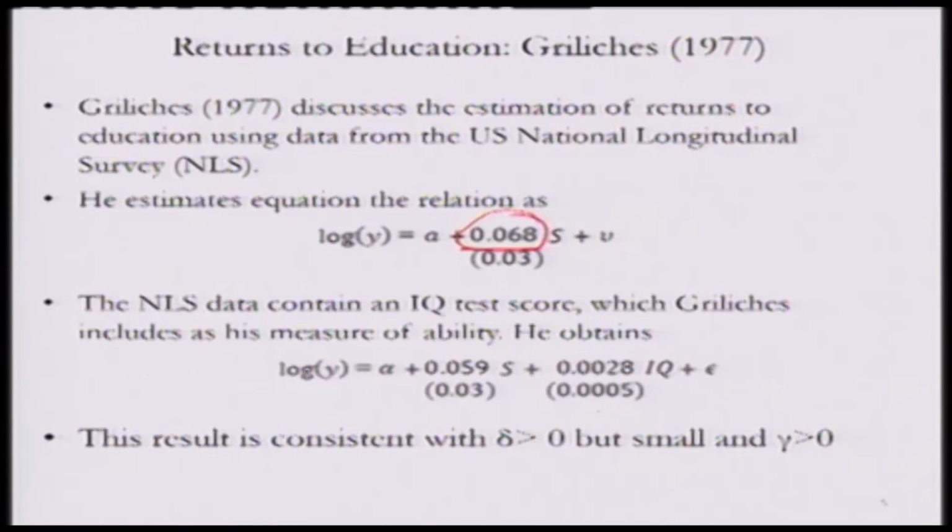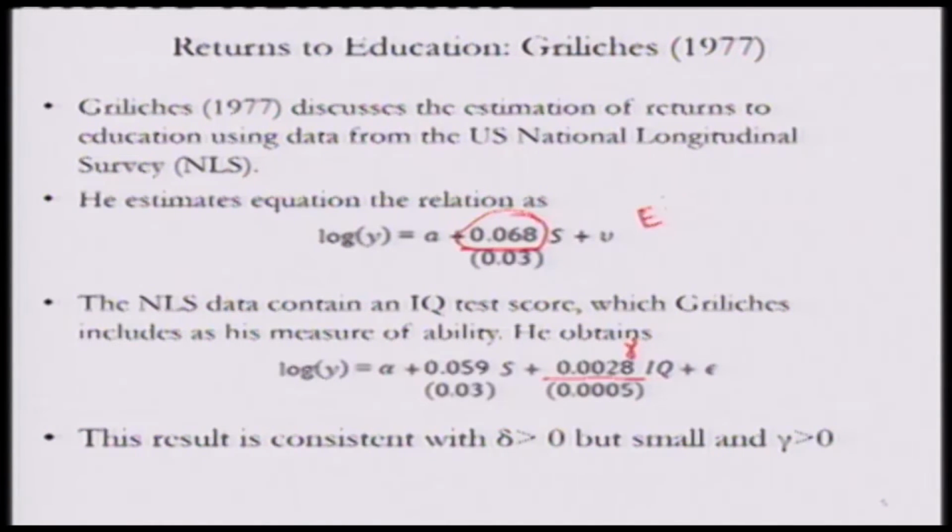And this is exactly what we observe over here. When IQ is included in the regression equation, the coefficient of β falls from 0.068 to 0.059, and the coefficient on IQ, which we had defined as γ, is 0.0028. Because this coefficient has gone down, what we had was an upward bias.